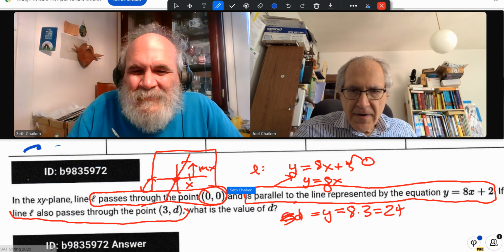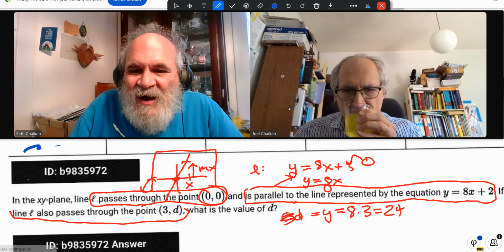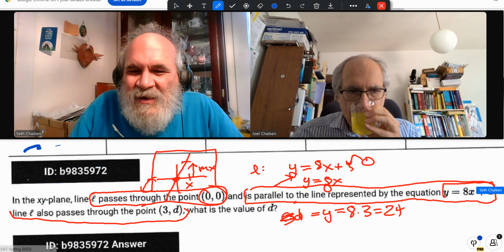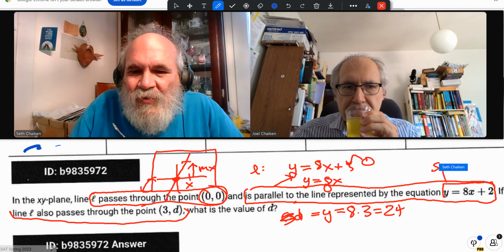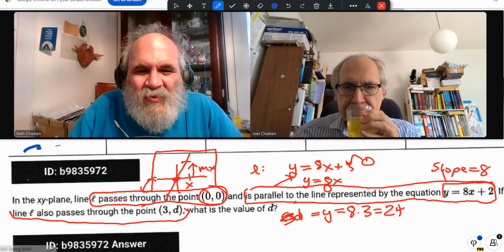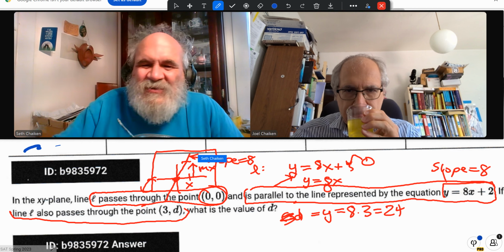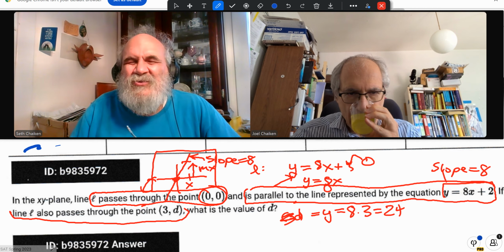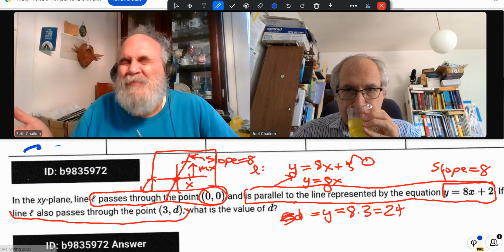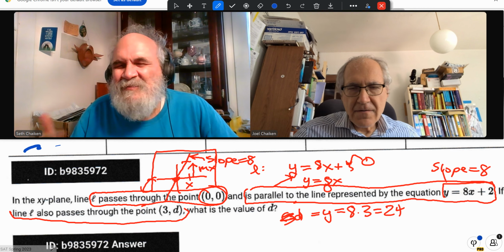And second, when a line has a given equation like this, the slope equals 8, that the slope translates to the slope of your line that goes through the origin. So to figure out the y value, you just multiply the x value by the slope. To solve this problem, the x value is 3. So just 3 times 8, 24.